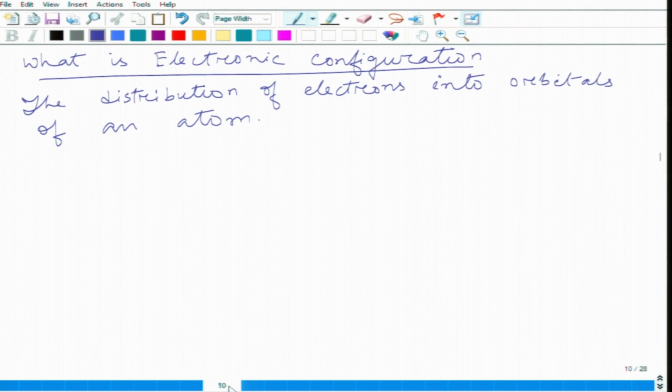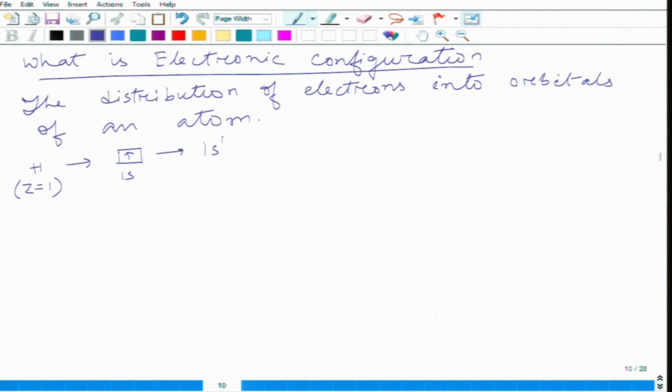So, let us start. The first element in the periodic table is hydrogen with an atomic number of 1. Hydrogen has only one subshell, that is 1s, which will have 1 electron. We can write it like this, 1s1.